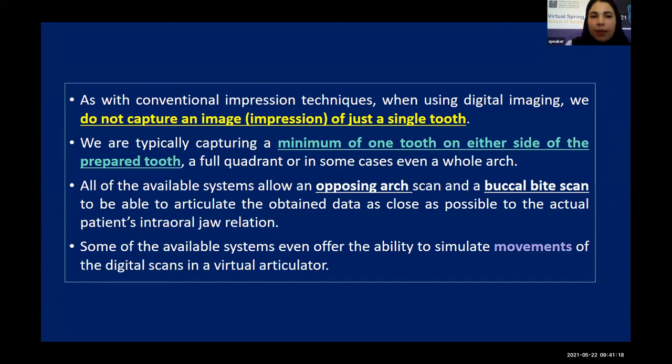It's obvious that we do not capture the impression of just the prepared tooth. A minimum of one tooth on either side is essential. The opposing arch and buccal bite should also be captured and impressed.